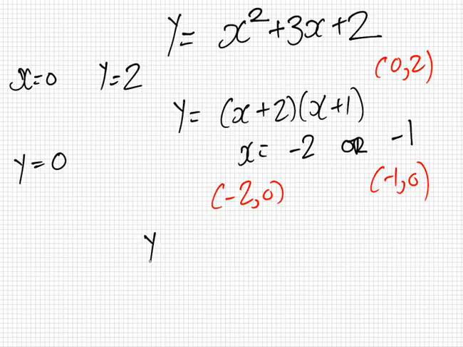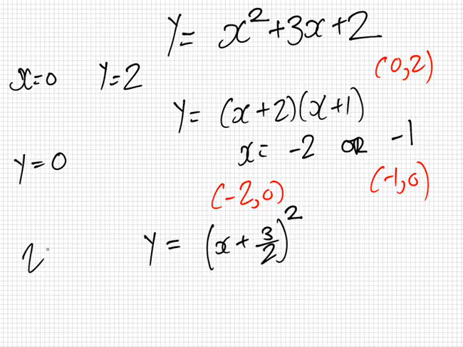Will there always be a minimum or a maximum? Yes. So we can use completing the square to find the turning point, and we definitely will get an answer. Let's have a look at that. So let's sketch this.